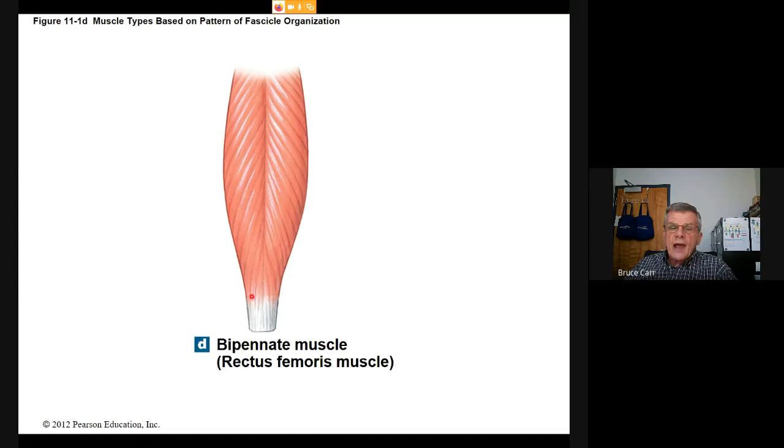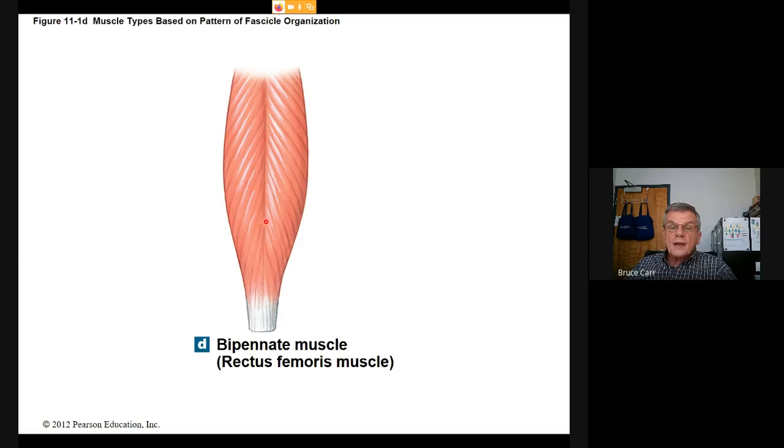But when they contract, they're basically going to pull this tendon in an upward direction, kind of straight up.